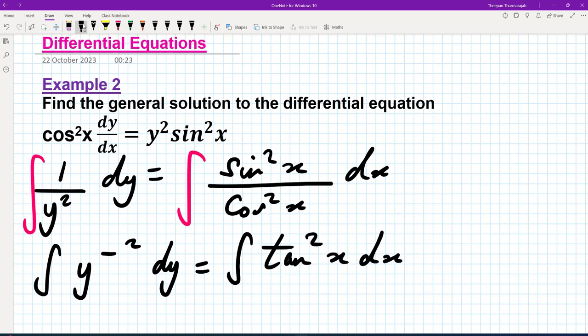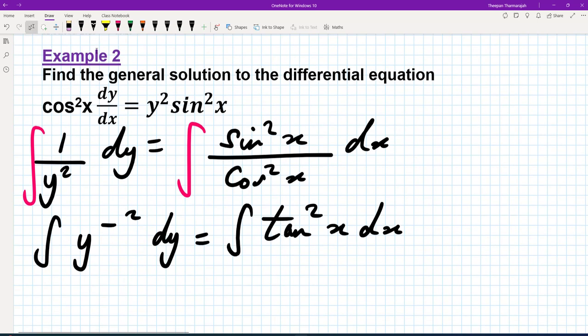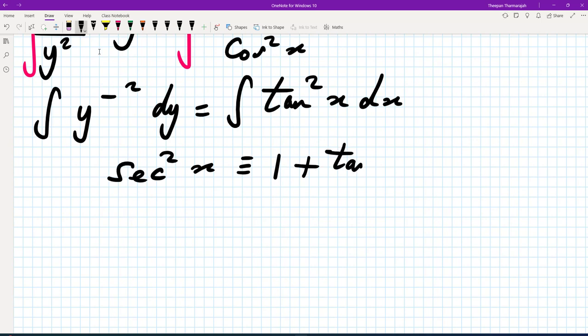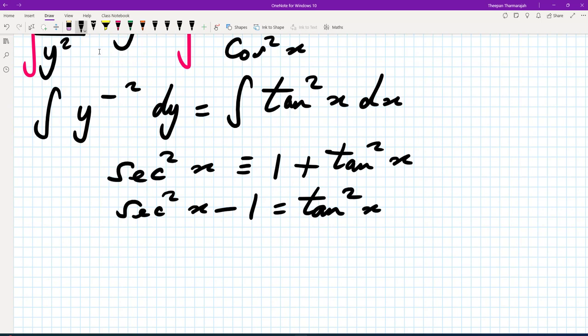From regular A-level, you should know how to integrate tan squared x dx. We need to use the trig identity that sec squared x is identical to 1 plus tan squared x. So sec squared x minus 1 is equal to tan squared x.